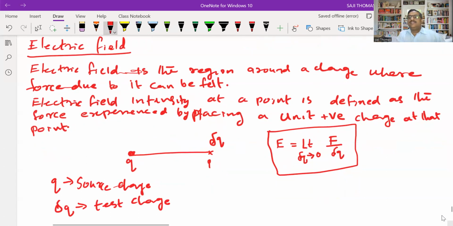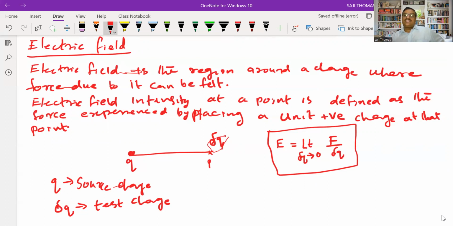Okay. So electric field at a point is defined as the force experienced by placing a unit charge at that point. To find the electric field, we use a small test charge, delta Q tends to zero. Why? What is the reason? Why does the test charge have to be small? Suppose this test charge is large, then the test charge has a large field that may interact with the source field.